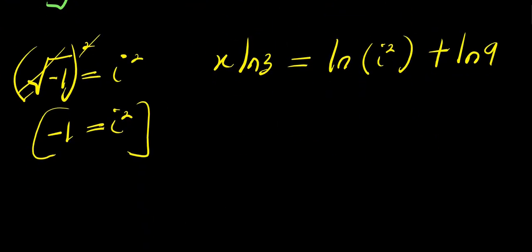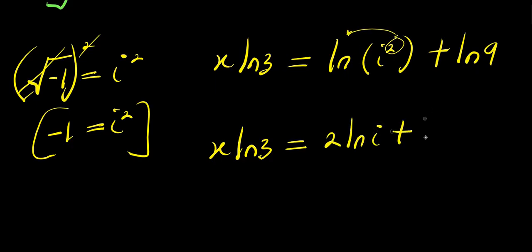So from here, we have x times natural log 3 equals, the 2 here will come behind this. We have 2 times natural log i plus natural log 9.